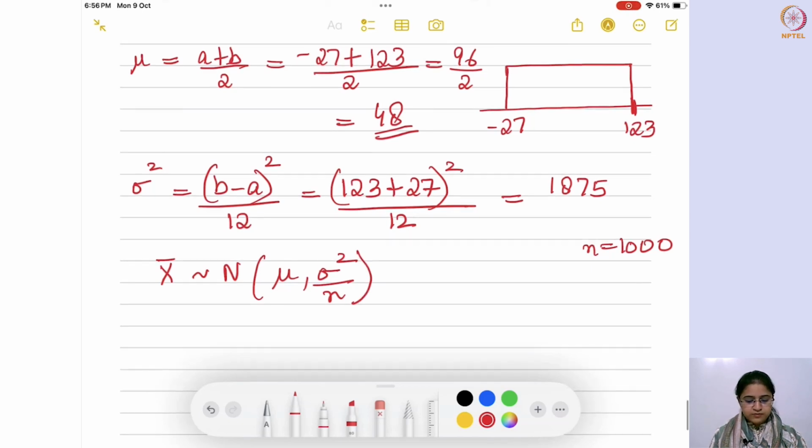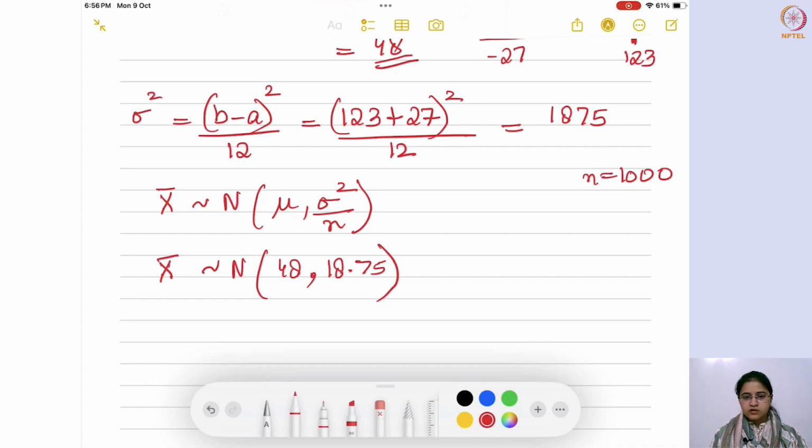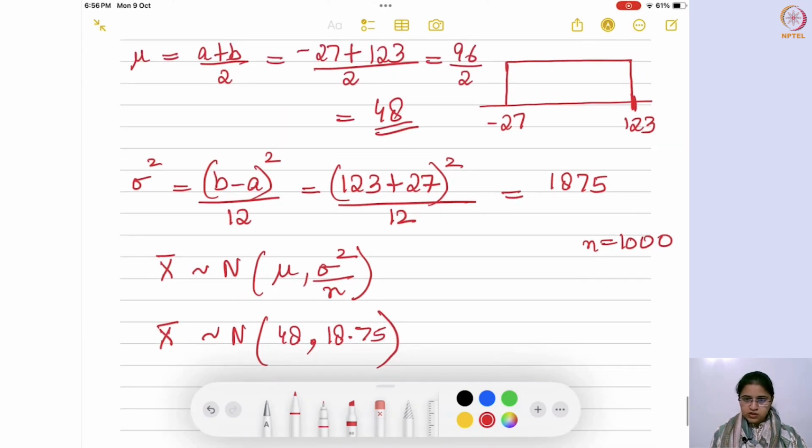So the mean will be the same, 48, and sigma square by n, with n as 100, gives 18.75. So the sample mean would follow normal with mean 48 and variance 18.75. If you plot this, the peak will come somewhere around here and then go down, with your mean over here.